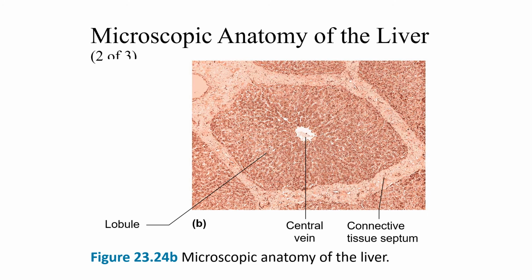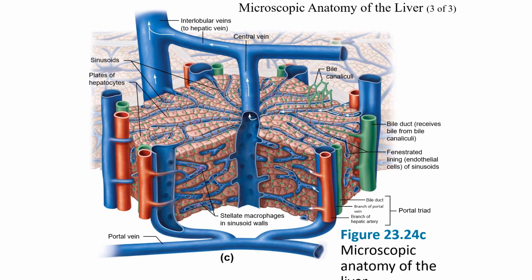What are the liver cells called? That's right, hepatocytes. Okay, here is a schematic, a drawing, showing the portal triad. Now in your body they're not really red, blue, and green, but that's color coding that humans use.